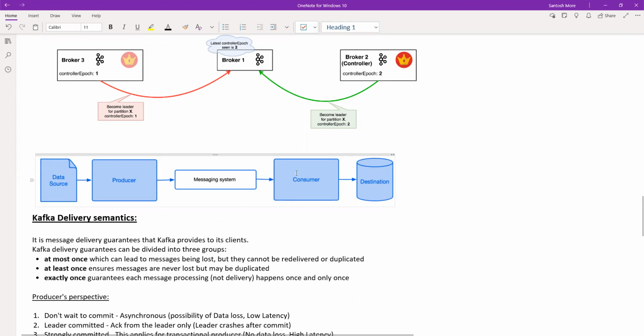Same thing with the consumer. When a consumer pulls the data from the messaging system, it will send an ACK to the messaging system. So there will be two ways and two different ACKs: the messaging system sends one to the producer, and the consumer sends one to the messaging system.